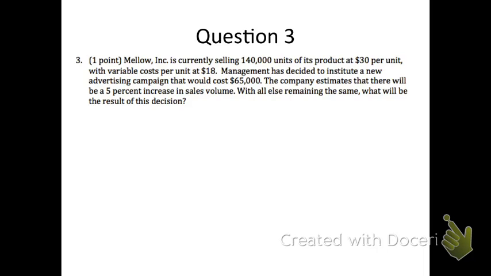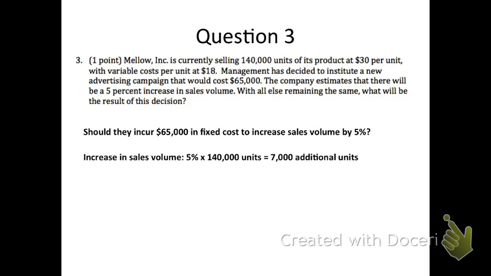They need to decide whether or not they want to spend $65,000 on advertising if the sales volume will increase by 5%. Everything else remaining the same, what would be the result? If we have an increase in sales volume, then we're taking the 140,000 and increasing it by 5%. So really what we're talking about is an additional 7,000 units.